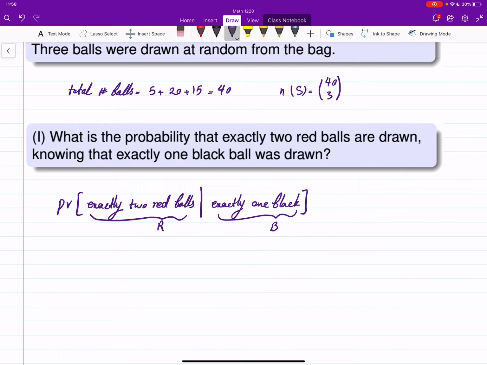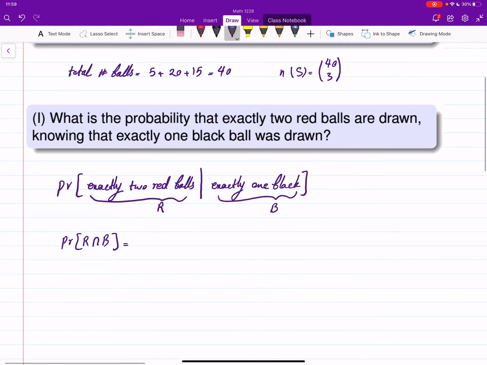So it's obvious that we are looking for conditional probability because we know for sure that one black ball was drawn. Now we are looking for the probability that 2 of the balls are red. So for that, I need to find the probability of R intersect B and put it in the numerator, and then the probability of B and put it in the denominator. But let's see what the intersection of R and B means.